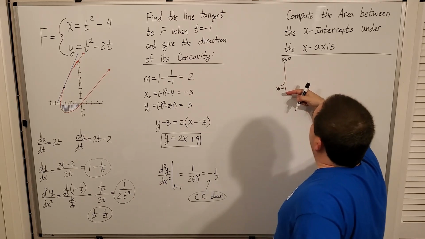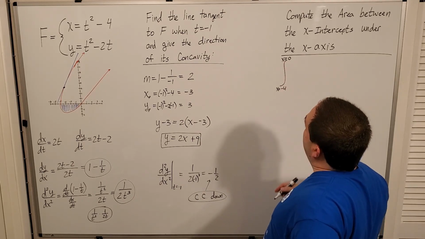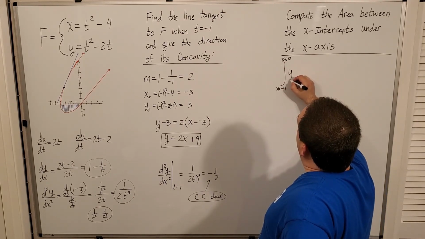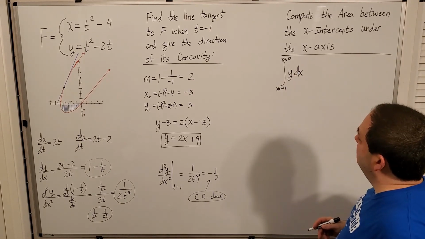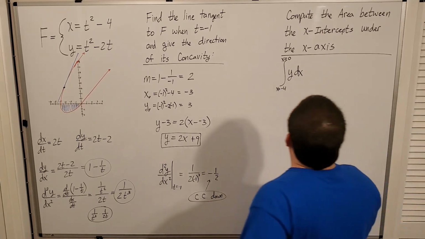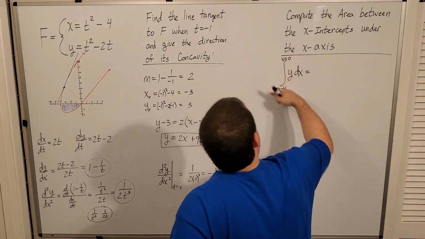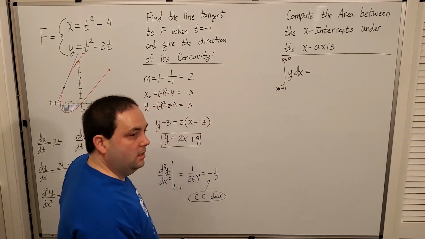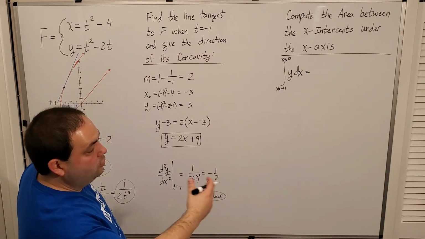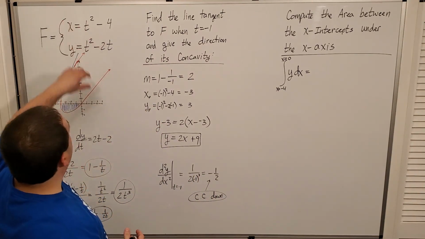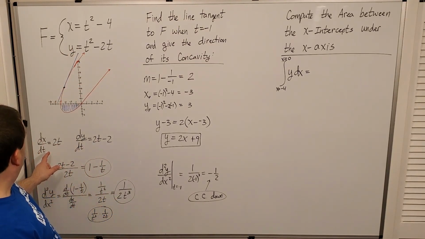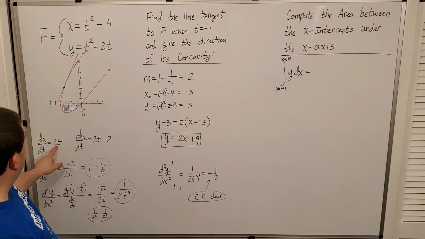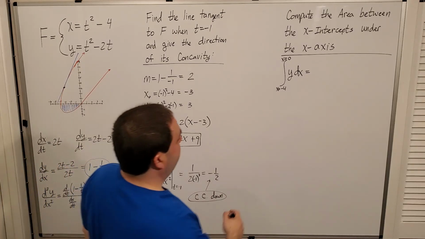Anyway, so we're going from x equals -4 to x equals 0. Y is the height times dx is the thickness of our rectangles there. So then I just need to convert all of this into an integral that can be done just with my parametric form here. The y and the dx are straightforward. You can see right here that dx is going to be 2t dt.